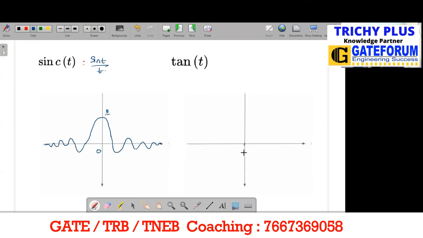Let's say this is 0, this is pi by 2, and this is minus pi by 2. So tan t will look something like this. Pi by 2 means this is pi, and this is 3 pi by 2, let's take.